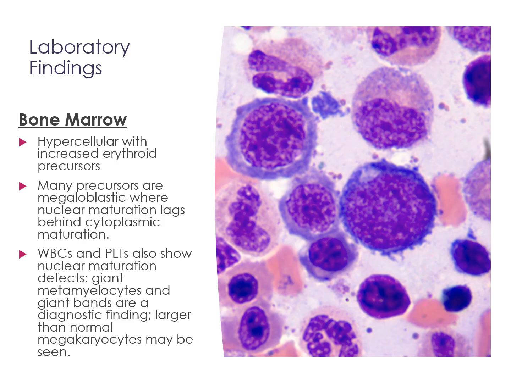Yes, that is true. But we're going to have an increased production within the bone marrow because, of course, we're trying to compensate. So we have an increased cellular component of the bone marrow, but also increased erythroid precursors.